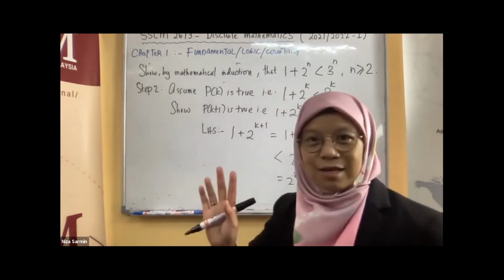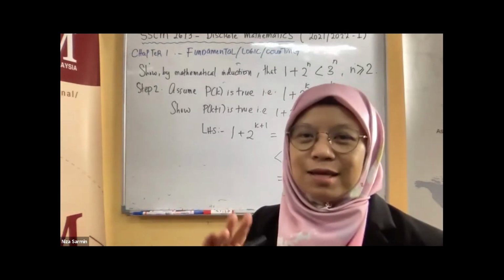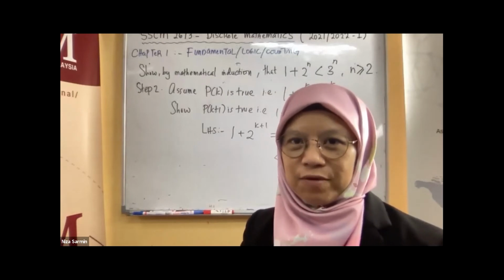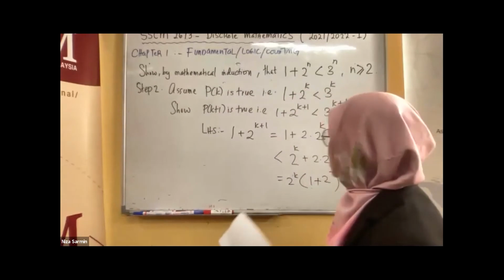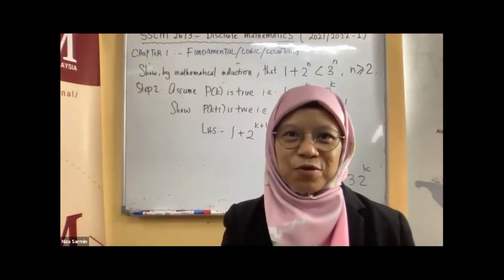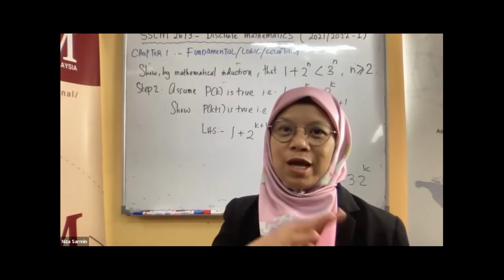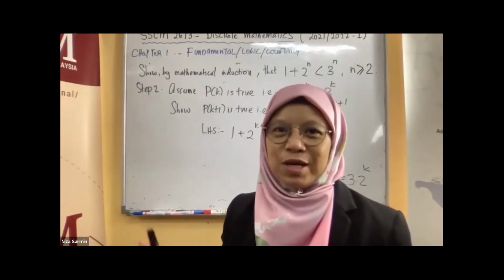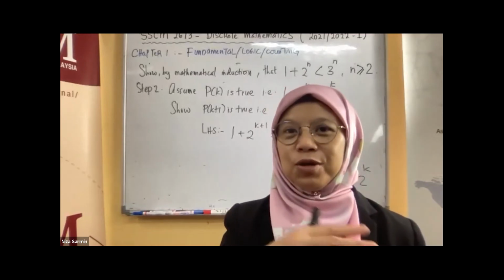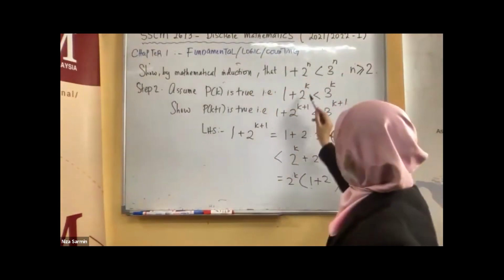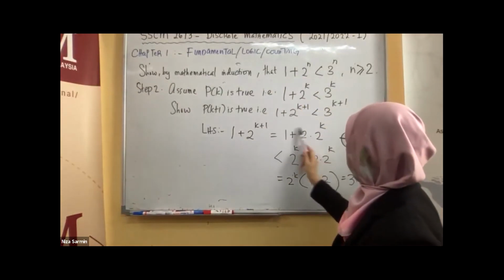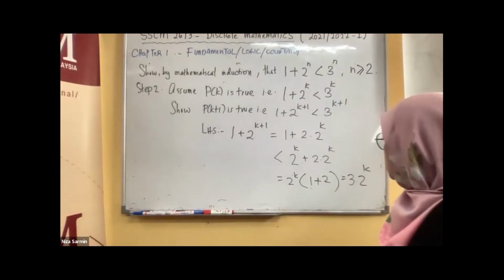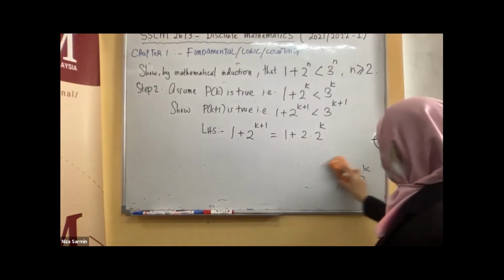There are other possible ways, actually. Let me share the one that I have given you in the notes. Sometimes it's not easy to start from the left, so you can start from the right. That's why it's quite hard. It's not like before, where you can just replace and replace. I want 1 plus 2 to the k to be somewhere here. This one, I cannot get 1 plus 2 to the k.